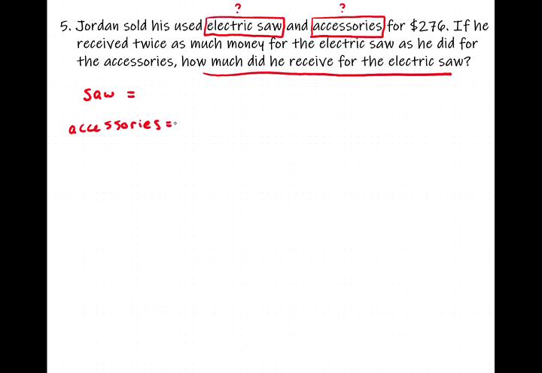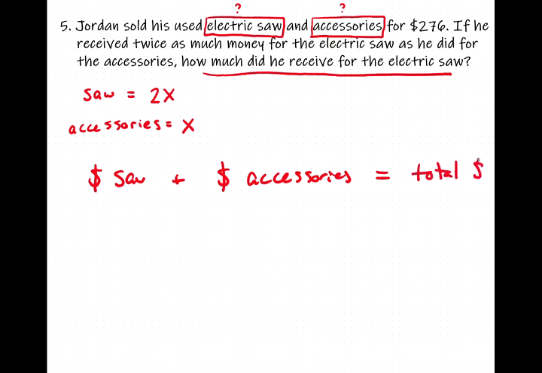So if we call the accessories X, he received twice that for the saw, which would be 2X. And so the money received for the saw plus the money received for the accessories should be the total money received. So money from the saw plus money from the accessories equals the total amount of money received.